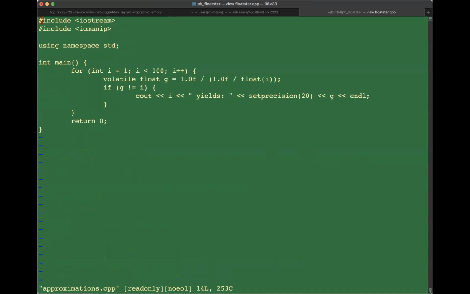Okay, so I put it there for two reasons. One, as an opportunity to tell you about volatile. But two, I realized that an optimizer could potentially eliminate something here. Now I'm realizing that it wouldn't have been the case because this is a side effect, so you can't get rid of this loop.